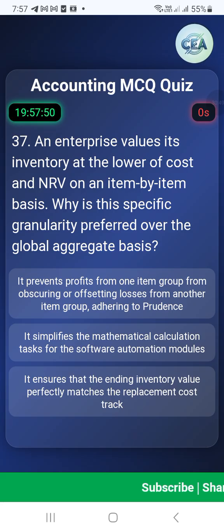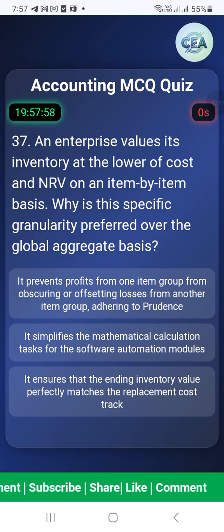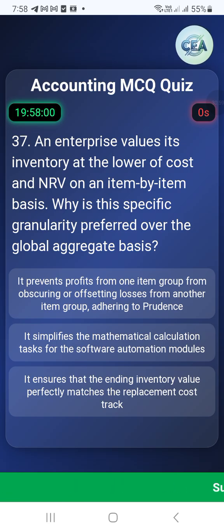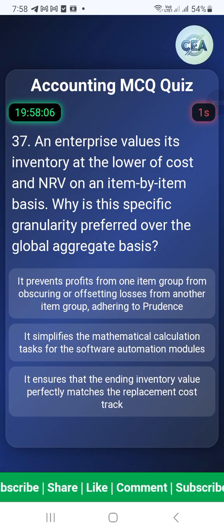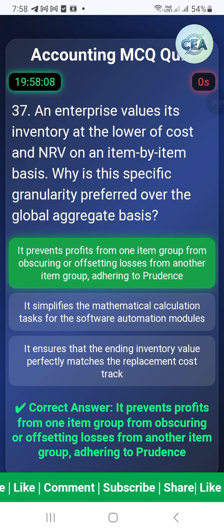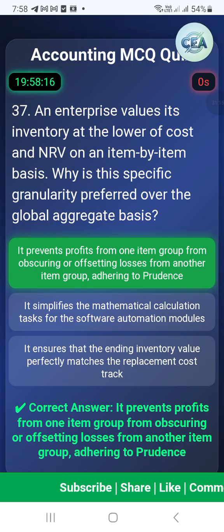It simplifies the mathematical calculation tasks for the software automation modules. Option 3. It ensures that the ending inventory value perfectly matches the replacement cost track. Correct answer is it prevents profits from one item group from obscuring or offsetting losses from another item group, adhering to prudence.